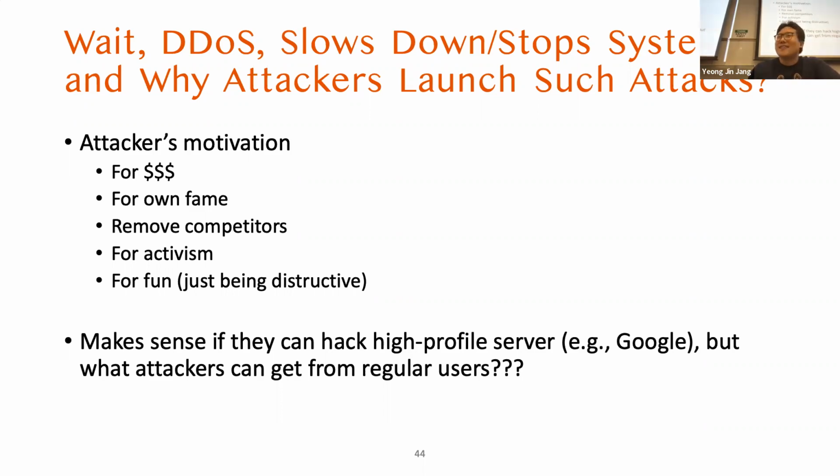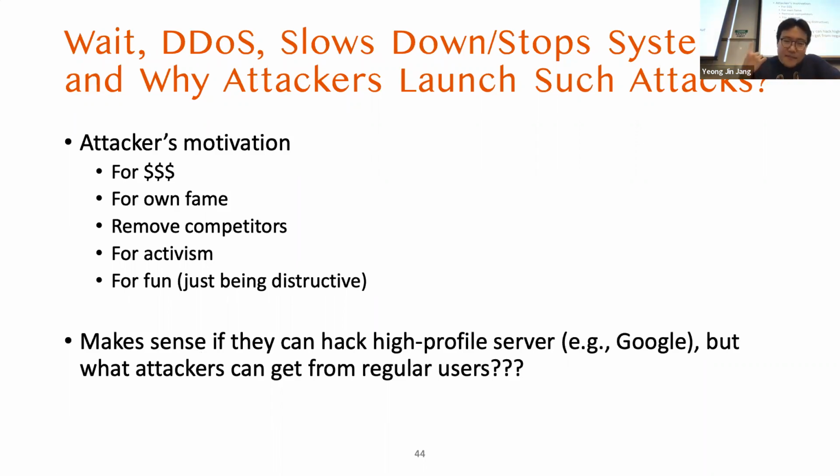Then to avoid that, pay me $1 million. That kind of deal can be possible if you target a big tech company that has the money and where service availability is very important.